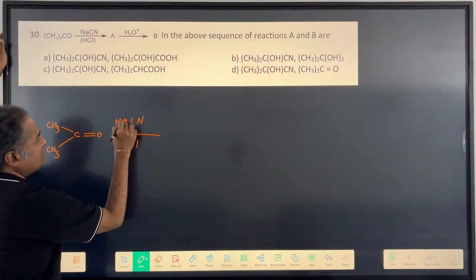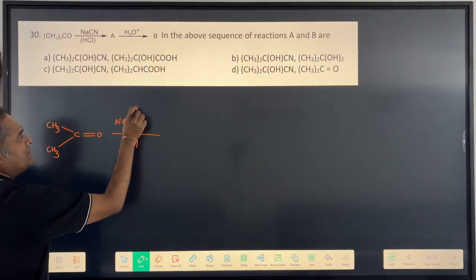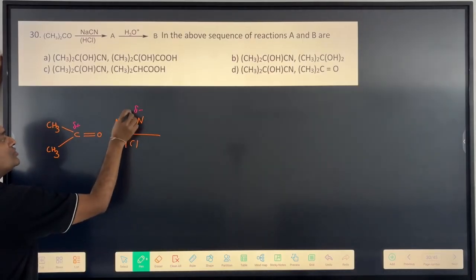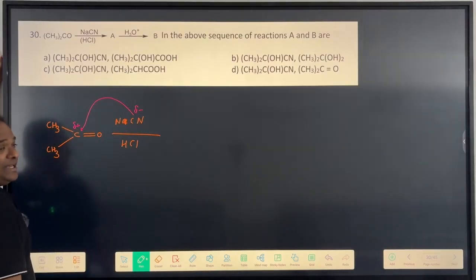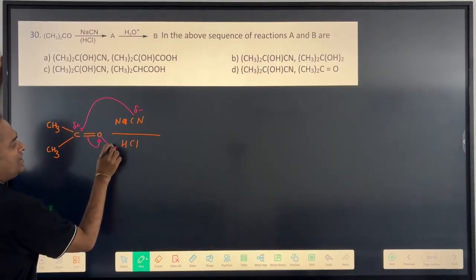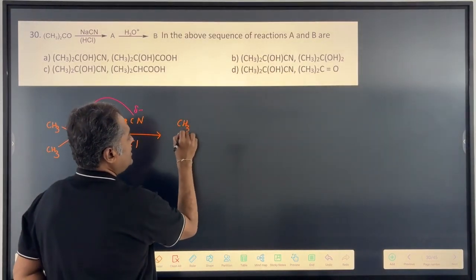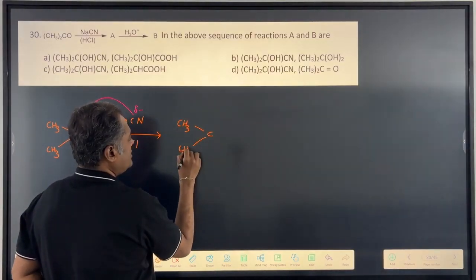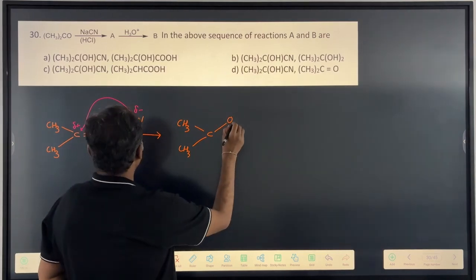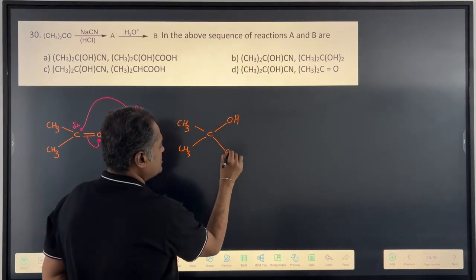Now, basically with this what happens? Cyanide is the nucleophile and we know that aldehydes and ketones like to undergo nucleophilic addition. So here you will have Cl. This electron pair shifts over here making it O minus, and that O minus will take that H. So you will get CH3, O, with H connected, and the nucleophile cyanide over here.